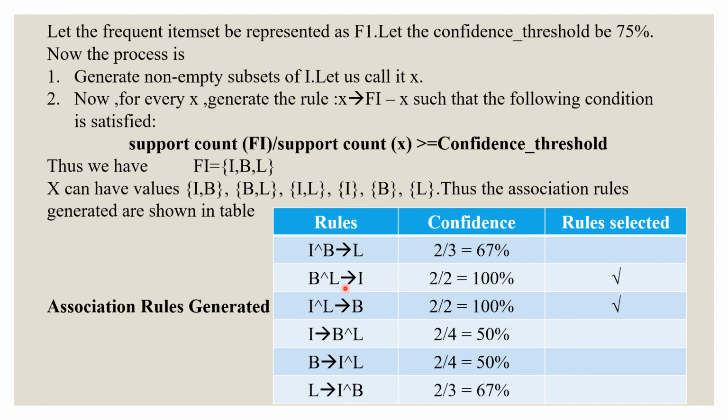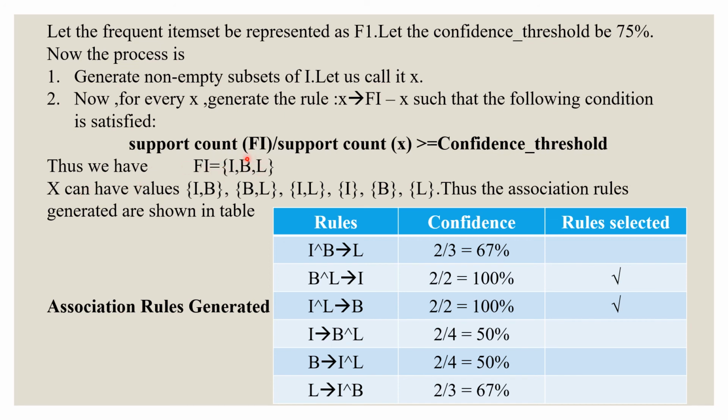After finding the frequent item set, we are going to find out the association, whether it is a strong association or a weak association, by using this formula: support count of Fi divided by support count of X greater than or equal to the confidence threshold. Fi is considered as IBL.